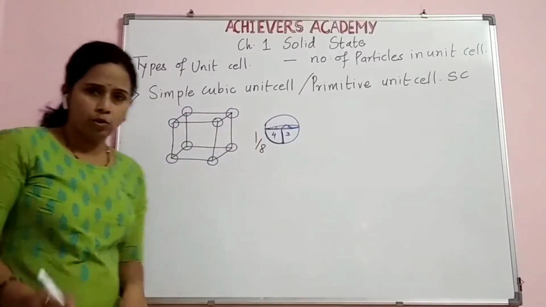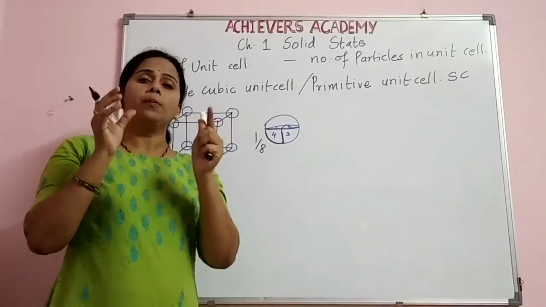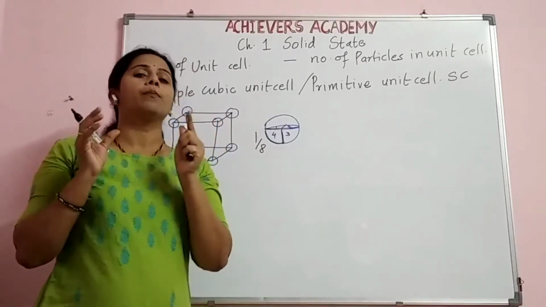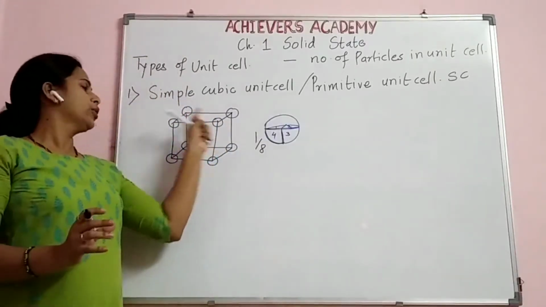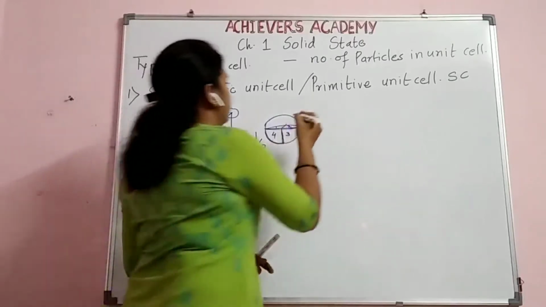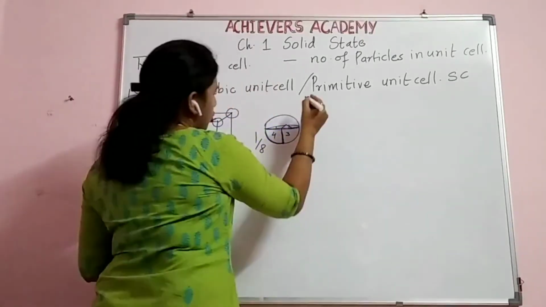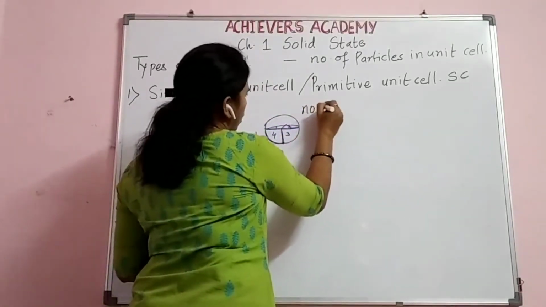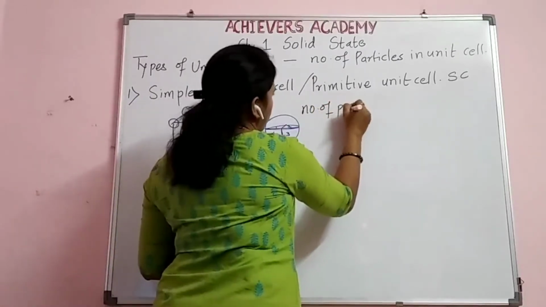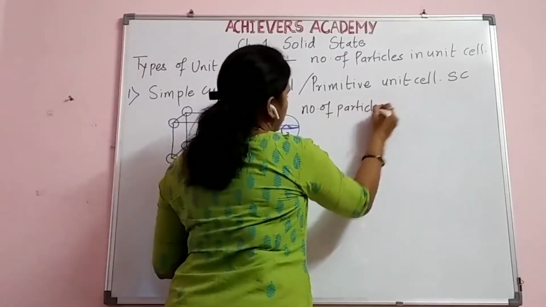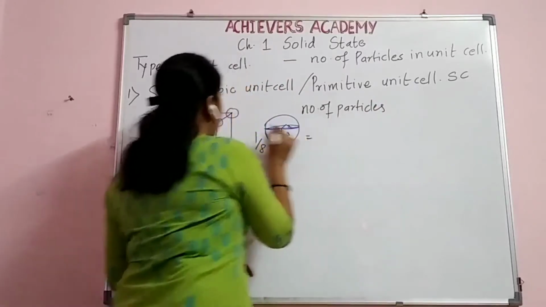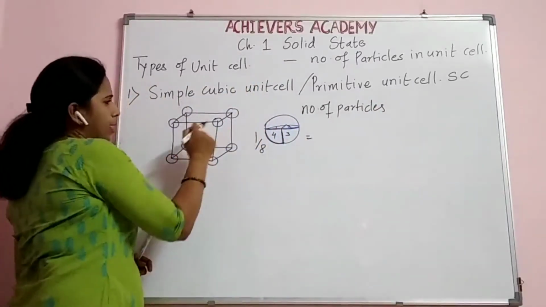So if I want to calculate how many particles are actually contributed to this unit cell, here we'll do the calculation. Number of particles is equal to, as there are how many particles, students? 8 particles.